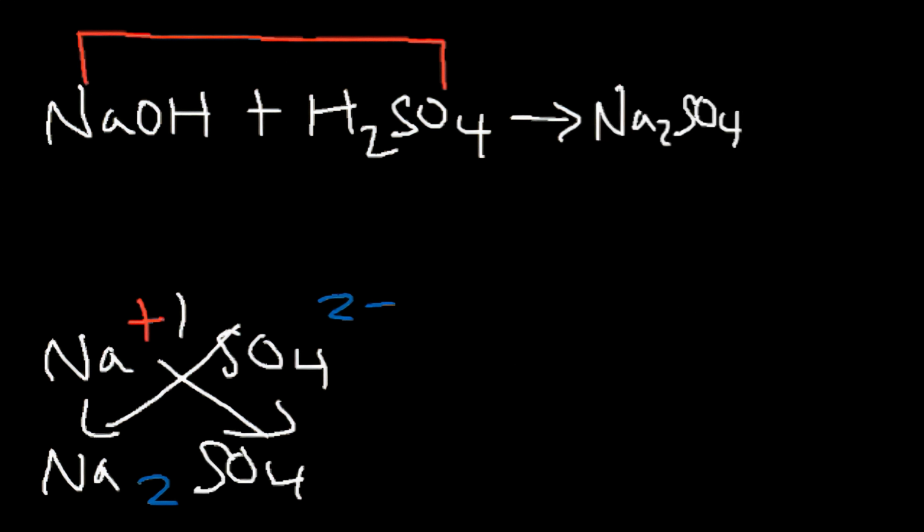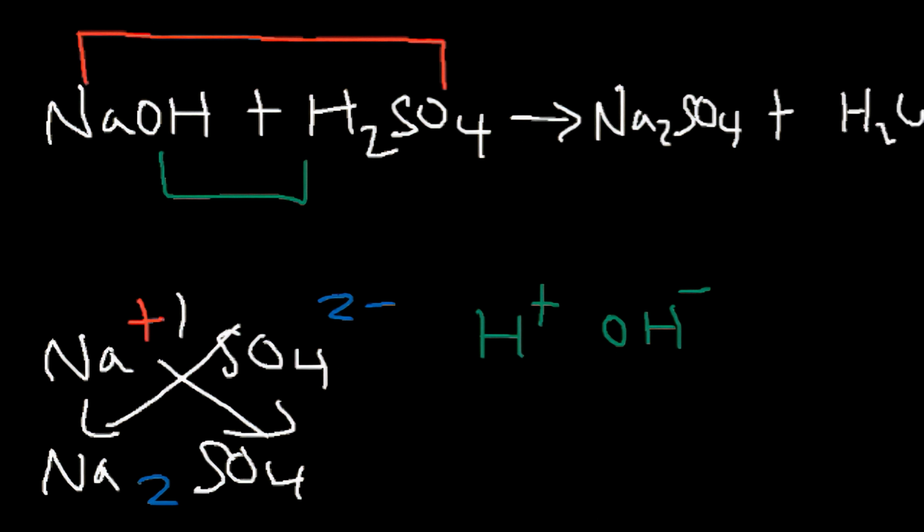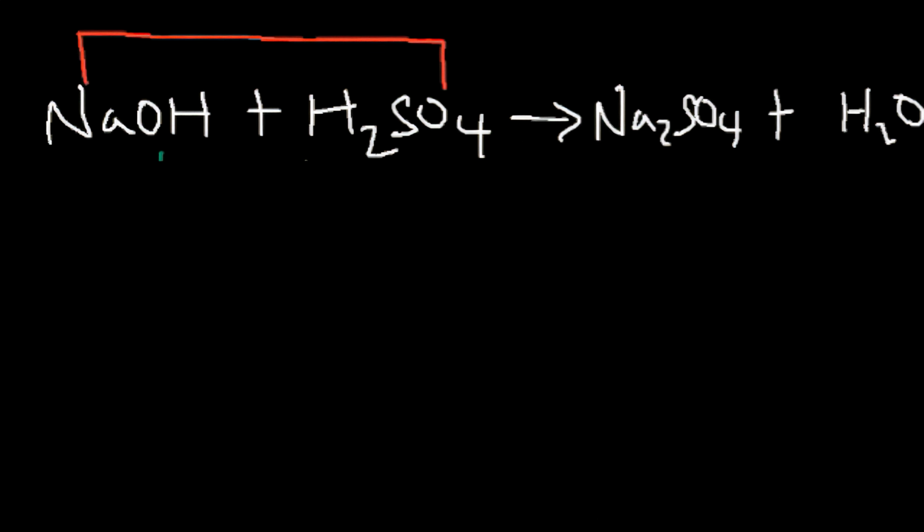To find the other product, whenever you pair H with OH, these two will just create water. This is something that you should just know or commit to memory. So now we have a reaction, but we've got to balance it. Notice that we have 2 sodium atoms on the right side, so we've got to put a 2 in front of NaOH.